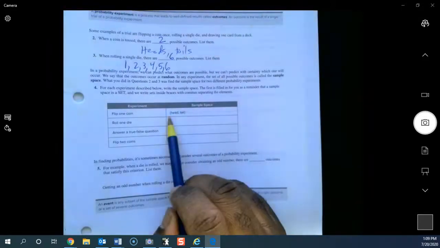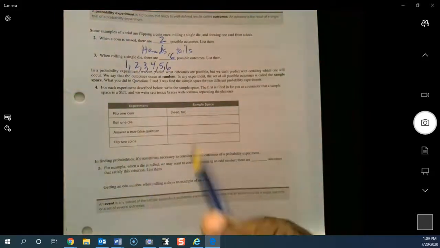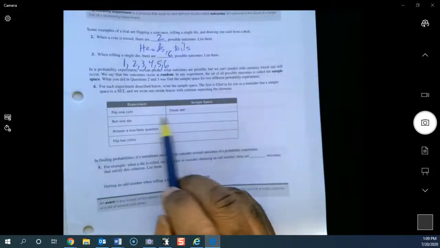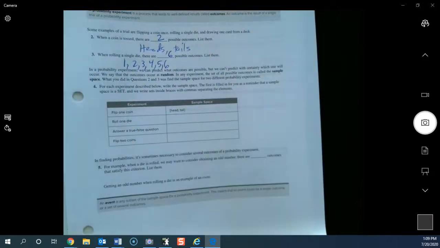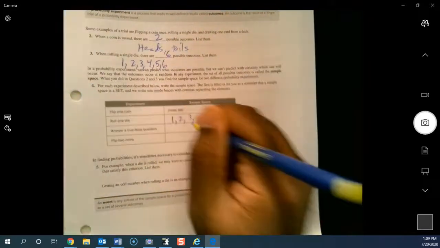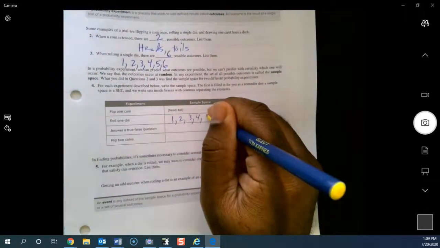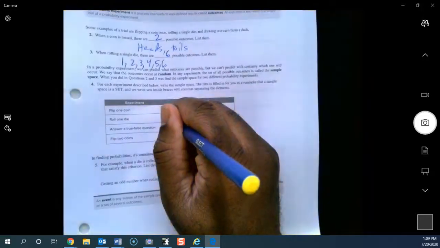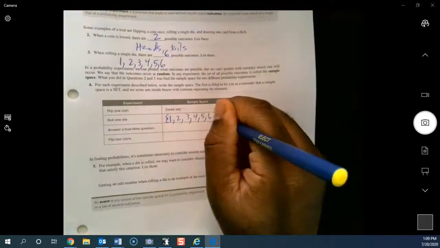Now remember, we're in the course pack on page 300. We have braces and we have the elements. The elements of flipping a coin are heads and tails, and those are the possible outcomes. Now for a die, we already answered that in problem 3. It's 1 through 6, and we separate them by commas, but to indicate they're a set, we will put that in a brace.